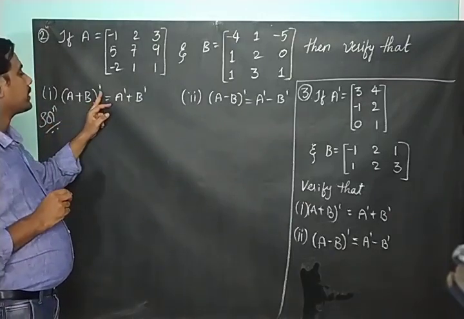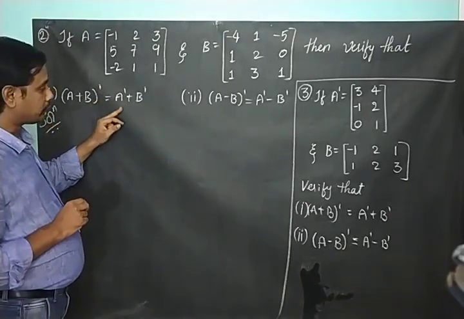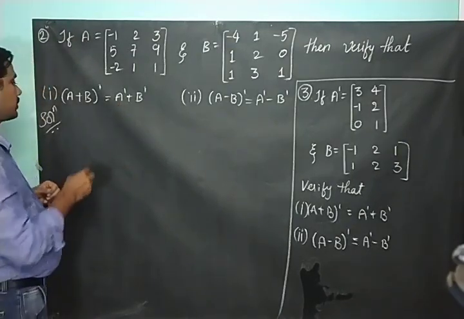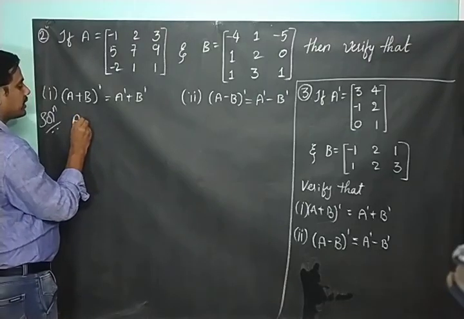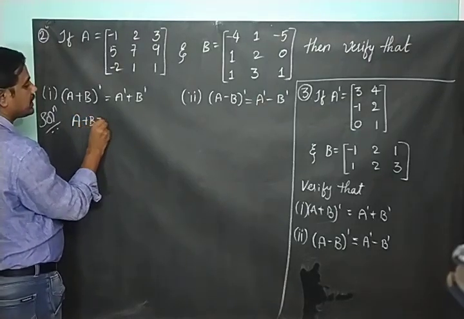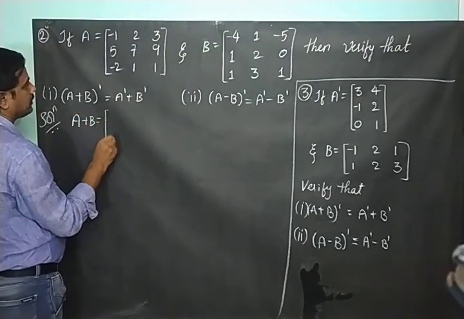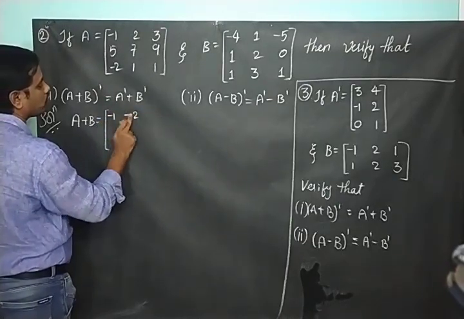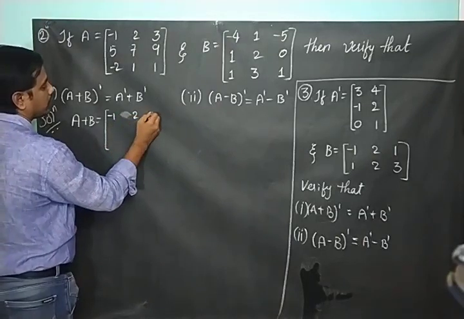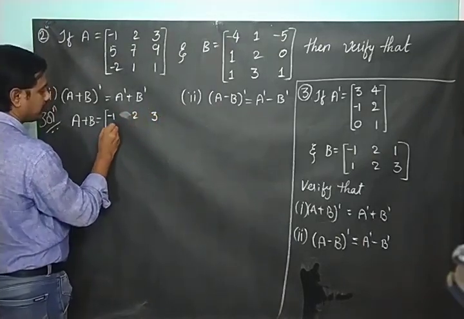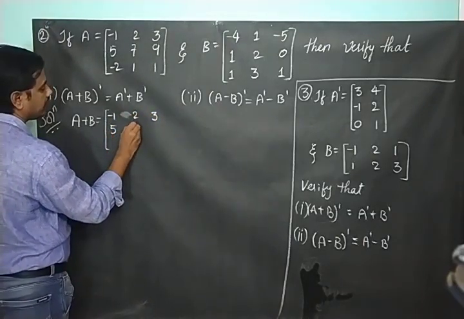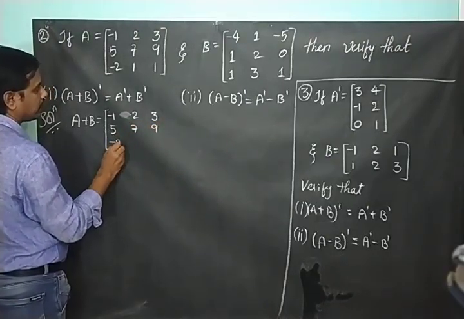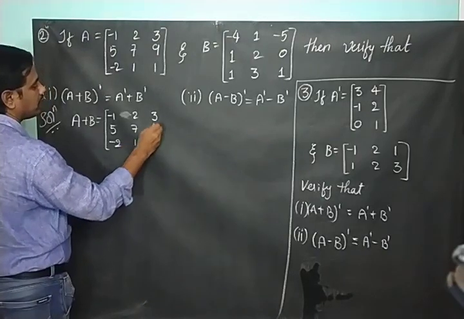(A plus B) whole transpose should be proved as A transpose plus B transpose, right? So what is A plus B? That is minus 1, 2, 3, 5, 7, 9, minus 2, 1, 1.